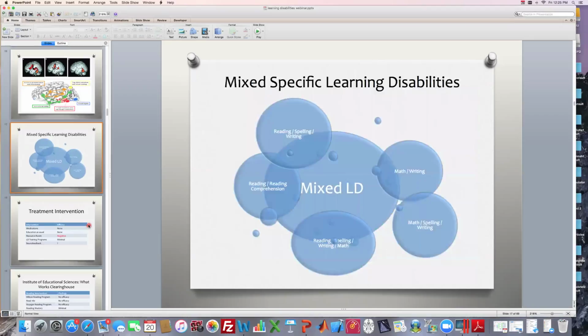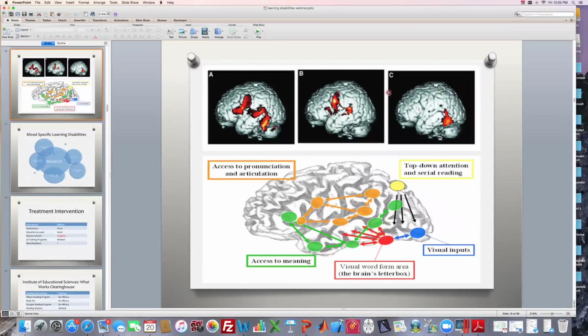So the top image that you see are fMRI studies showing different combinations of individuals with dyslexia. This is in an fMRI machine on a reading task, showing activation here, for example, in the visual word form area, but not in the semantic or phonology region.